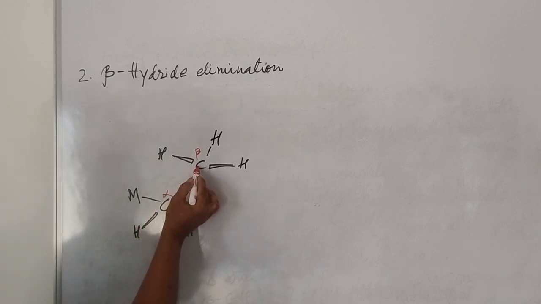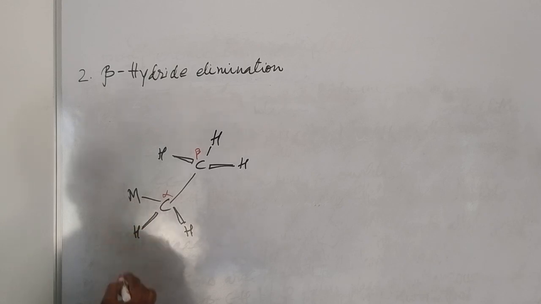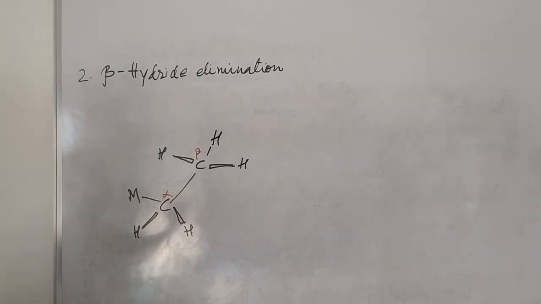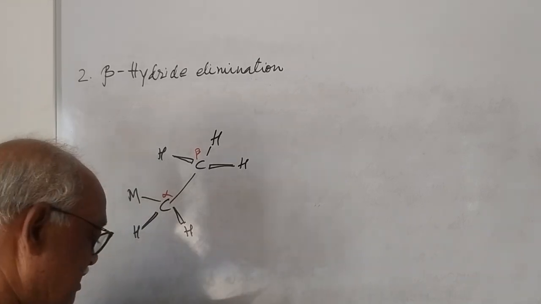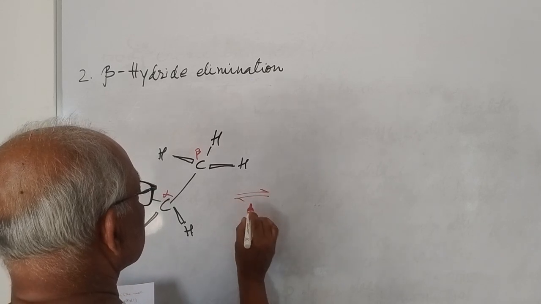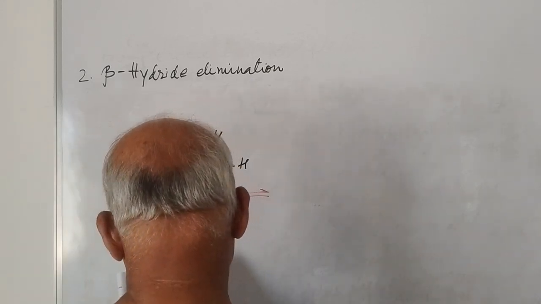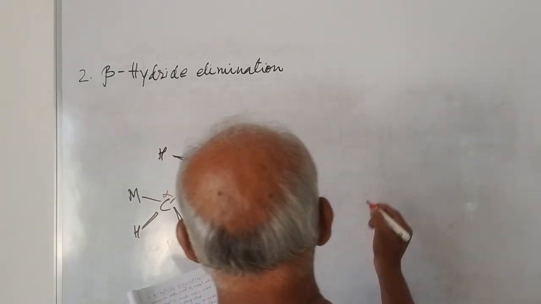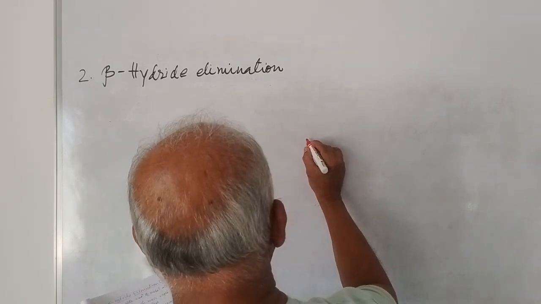So this hydrogen, this carbon and this metal should lie in one plane, that is, syn coplanar. This is a reversible reaction we can show. So these are the hydrogens.